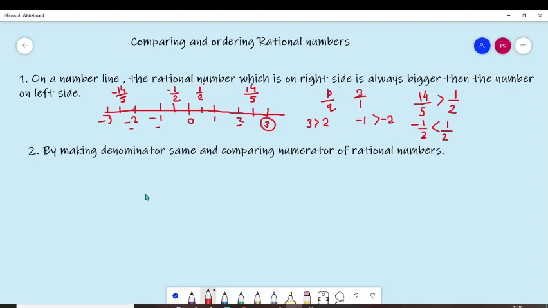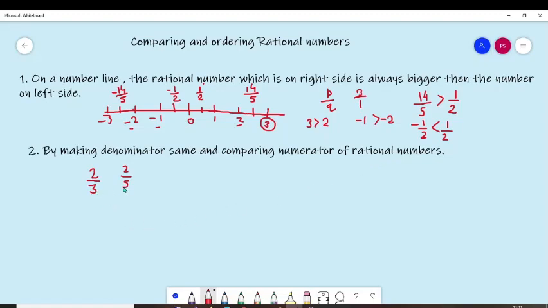Let us take a rational number, suppose it is 2/3, and the other rational number, let us take 2/5. So what is the rule saying? By making the denominators the same and comparing the numerators of the rational numbers, we can find out which one is the bigger one, right?